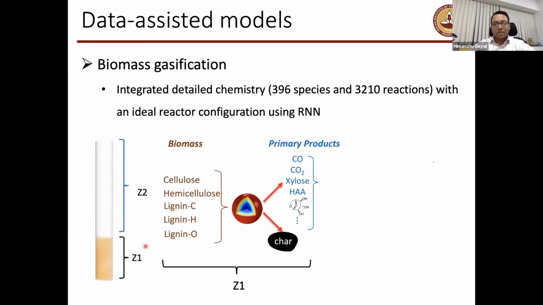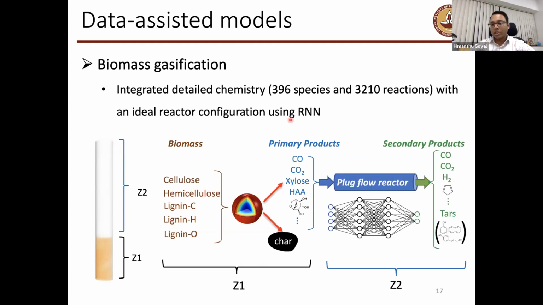These primary products go to the second zone and get converted into secondary products, which are basically syngas and TARS. TARS are the side products, and we want to maximize the syngas yield. We assume the gas phase zone, or the Z2 zone here, is a plug flow reactor, and then using this data, we train an RNN model.